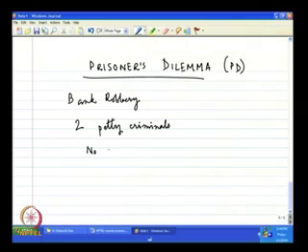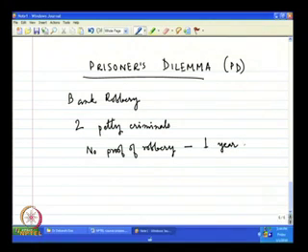Now, if the police cannot prove that these people have committed the big crime, the bank robbery, so even if they say that we have not committed this bank robbery and the police cannot prove that they have robbed the bank, even then they can be put in jail. And if they go to jail, they go for 1 year each.